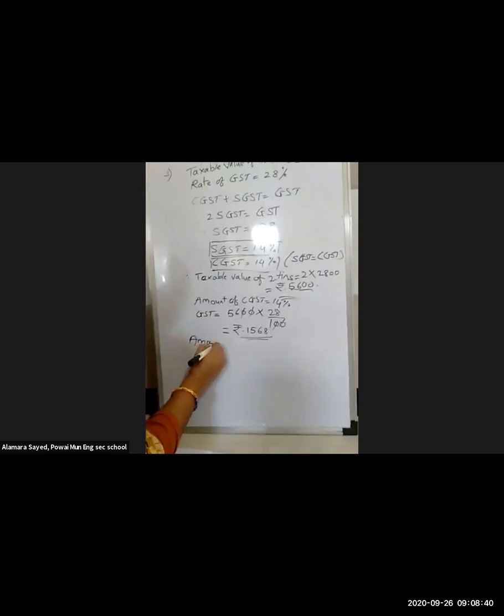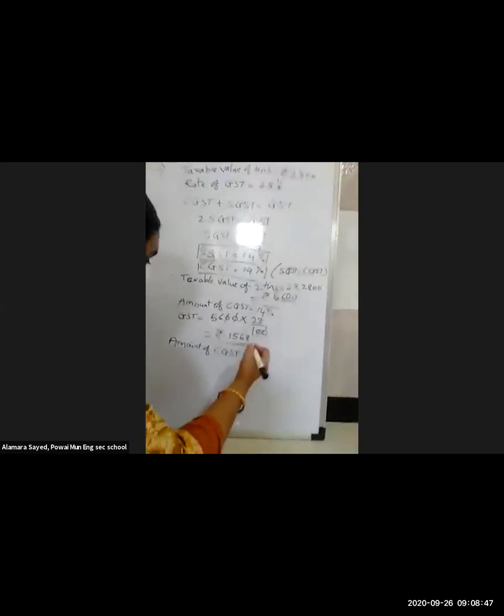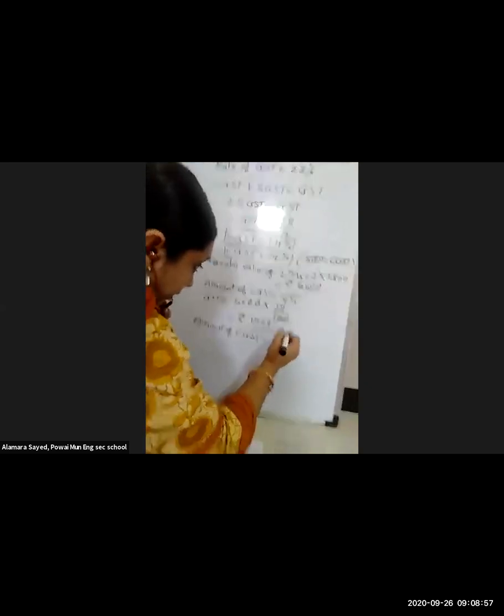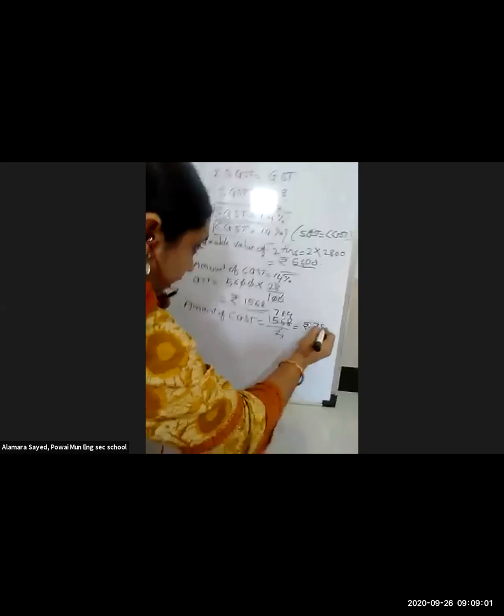Amount of CGST is equal to 1568 divided by 2, because it is half of GST. So 1568 divided by 2 is 784, rupees 784.